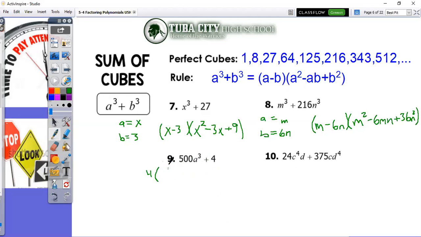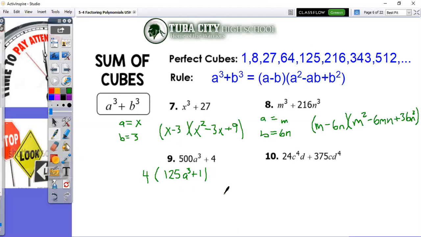So even if it can be divided by 4 and it gives us no cube numbers, then we should do 2 if it will give us cube numbers. So we want the one that gives us cube numbers. So divide 500 by 4, and that's going to be 125, which is a cube number. I don't have any A's that I can take away from both of these, so that's probably going to be as far as we can go with this.